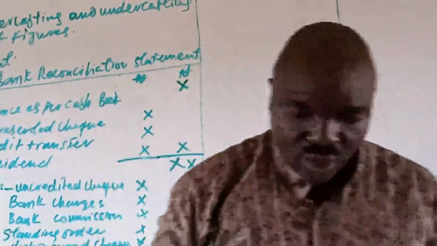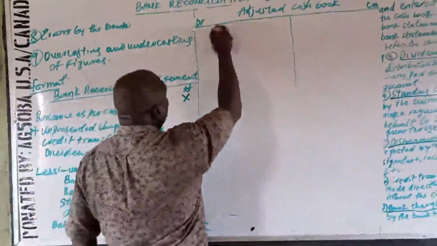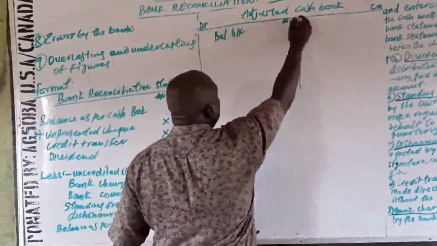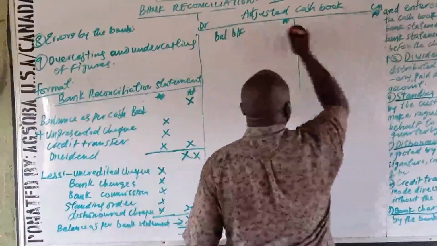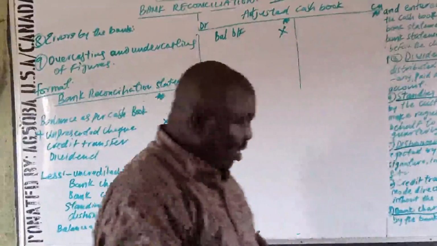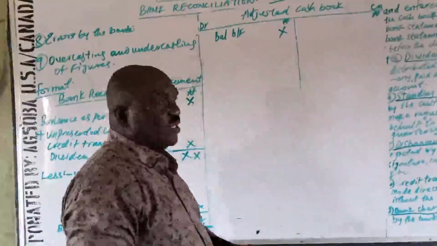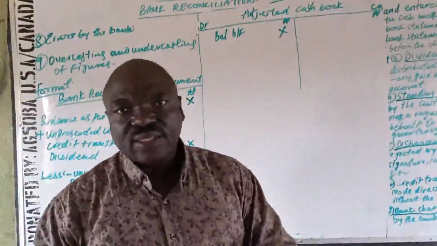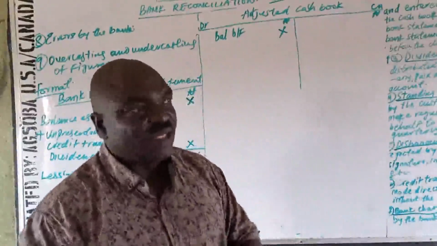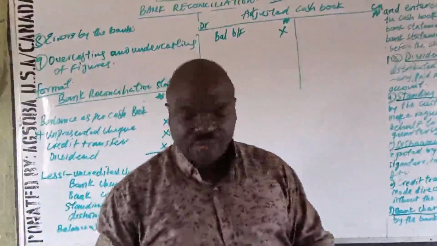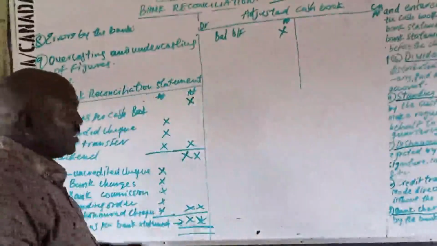Now, under the format, the first thing we have to do is bring down our balance brought forward. Our balance brought forward must always be on the debit side. Now, under the debit side, we're going to look at items that are recorded in the bank that do not reflect in the cash book when we are writing the cash book.